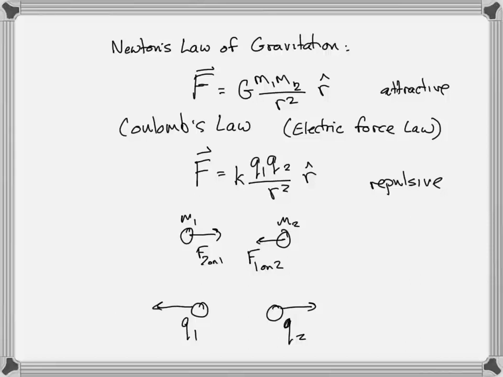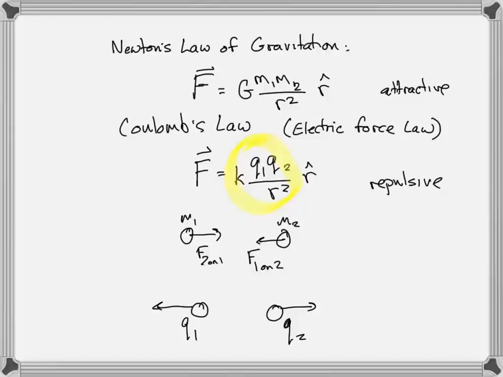Q1 and Q2, if they're both positive, and K is a positive constant, then we get a positive number. This ends up being positive. So let's just start with two positive charges. If there are two positive charges, it's repulsive. In other words, if the value of Coulomb's law is positive, then that's a repulsive force.